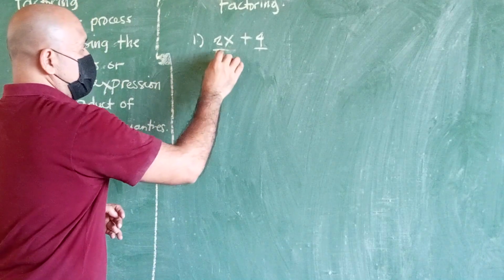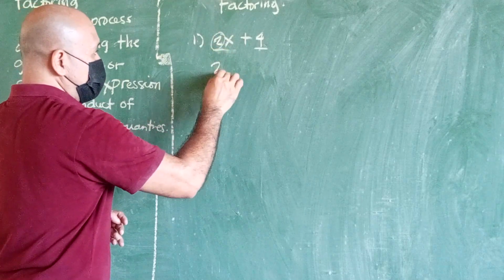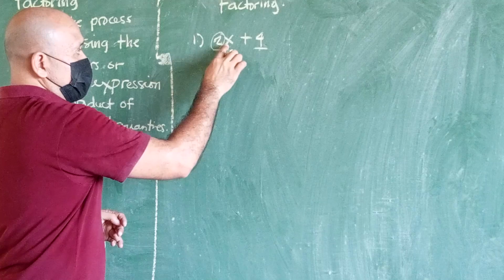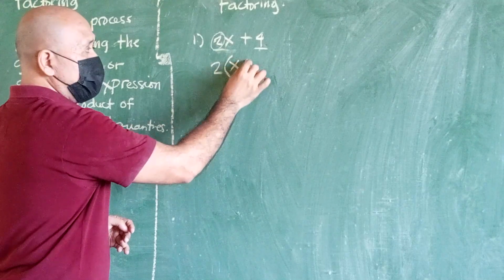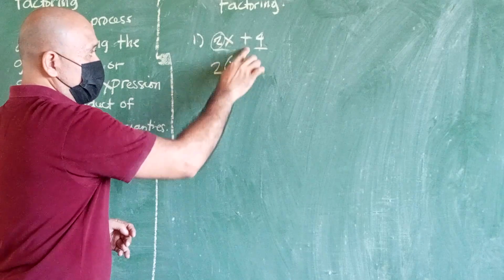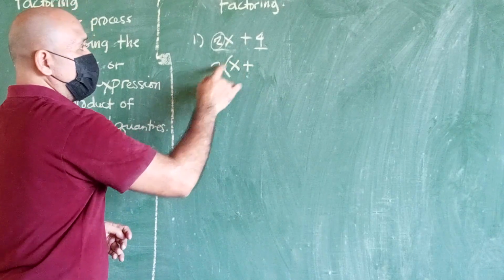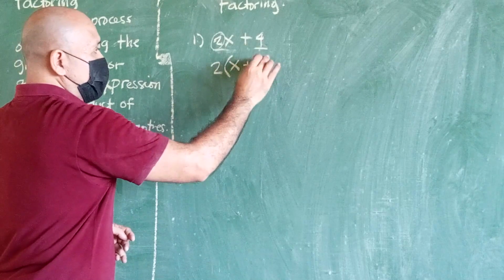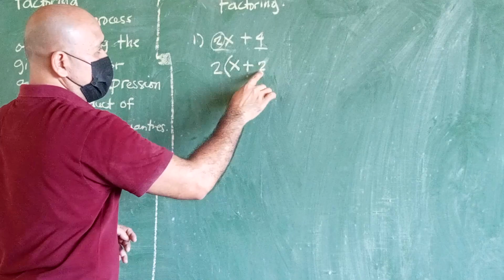Okay, so in this case, you factor out the smaller value. So when you factor out 2, what is left here is only the variable x. And bring down the operation. And then, when you factor out 2 from 4, the remaining term here is only 2.